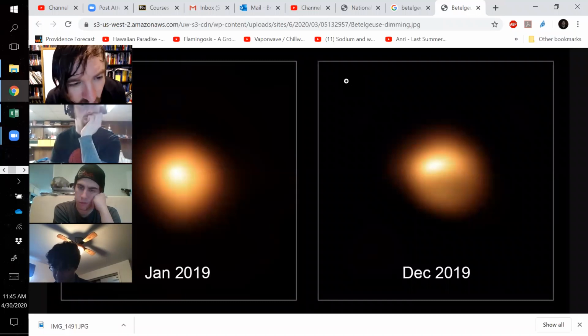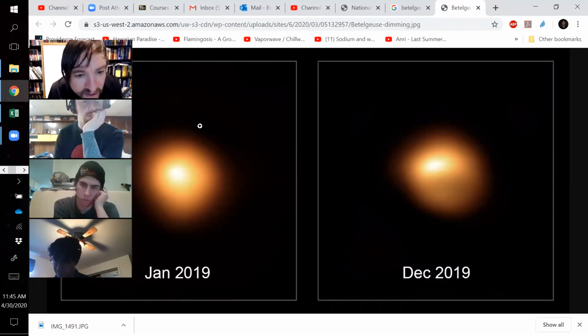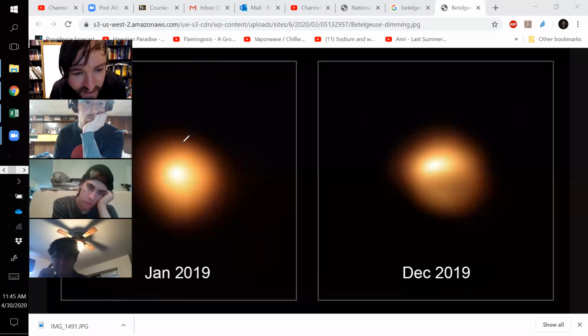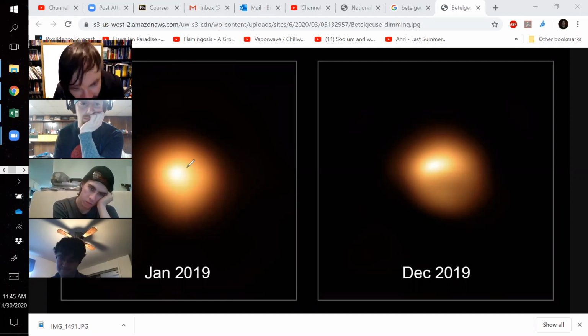Now, Betelgeuse is the only star that we can just sort of barely resolve the disk for. And as you can see, at 55 milliarcseconds, we're not getting a ton of angular resolution there. This thing's pretty pixelated. But you can see here in January that the disk is reasonably well illuminated, where in this image, can you guys see that sort of darkening there on the disk?